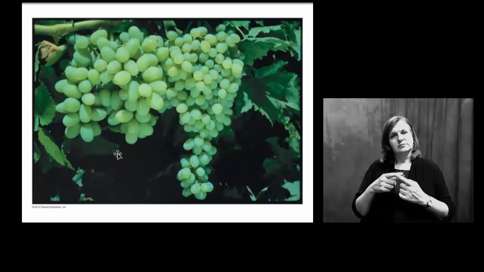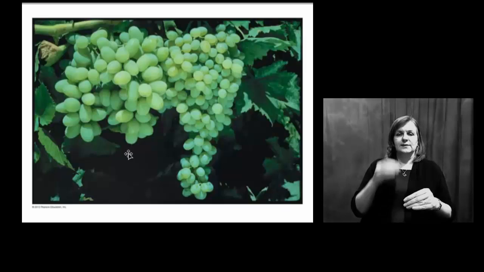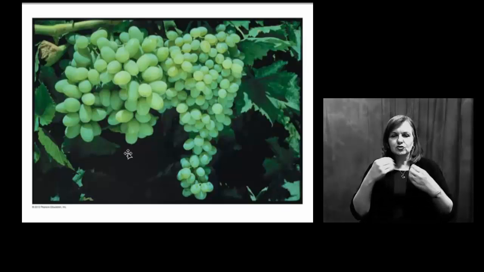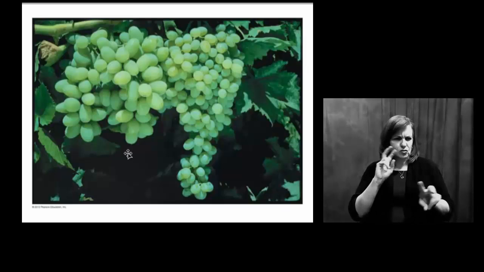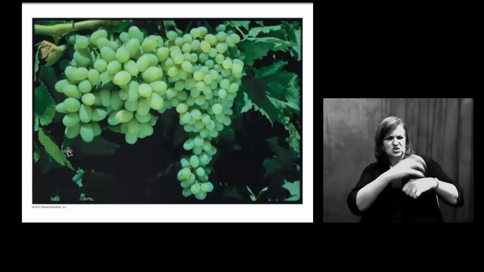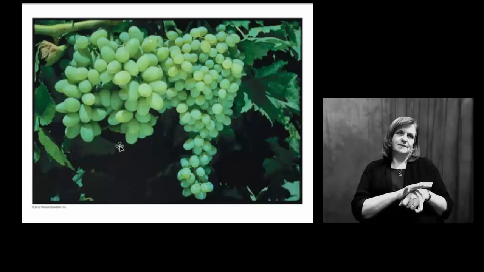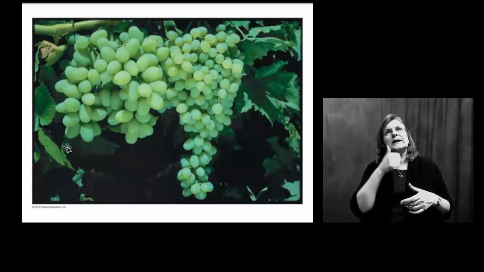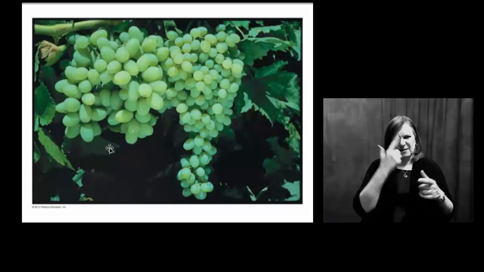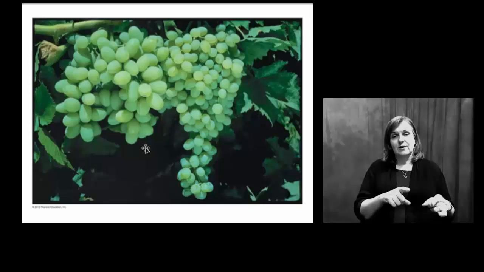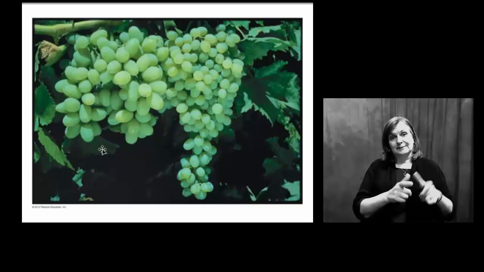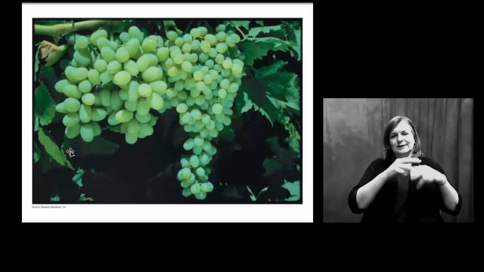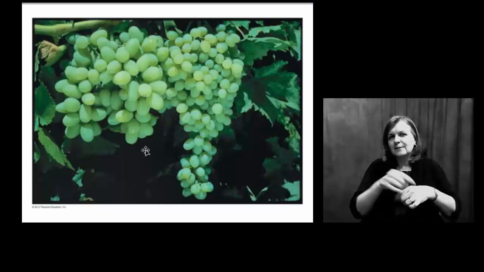Okay, so think about from a market standpoint. If you're buying grapes in the grocery store, most people will look primarily for these large grapes, assuming that they're going to be full of more sugary kind of sweetness associated with them. Turns out that just by increasing the size of the grapes does not necessarily increase the sweetness.